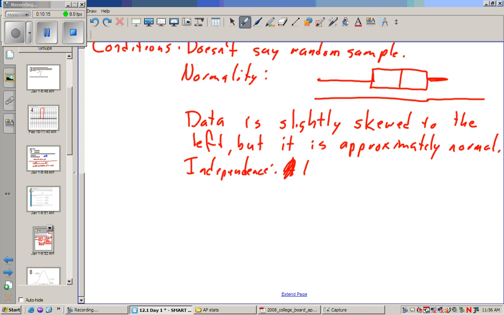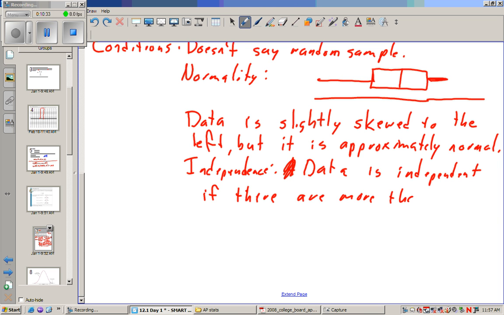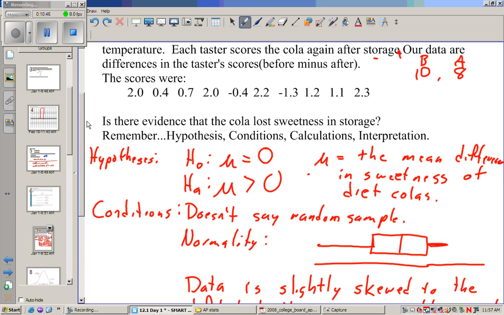We can say data is independent if there are more than 10 times 10, which is 100 colas that are efficient. And that's for sure for many, many cans of cola.